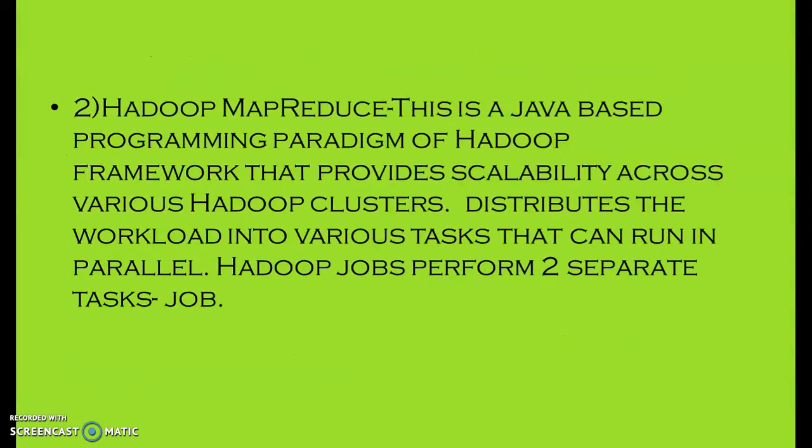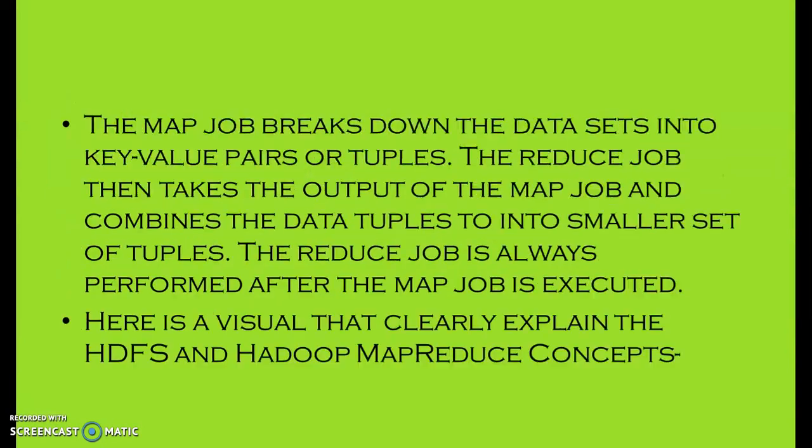Hadoop MapReduce is a Java-based programming paradigm of the Hadoop framework that provides scalability across various Hadoop clusters and distributes the workload into various tasks that can run in parallel. Hadoop jobs perform two separate tasks. The map job breaks down the data sets into key-value pairs or tuples.